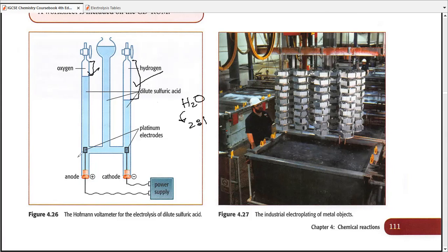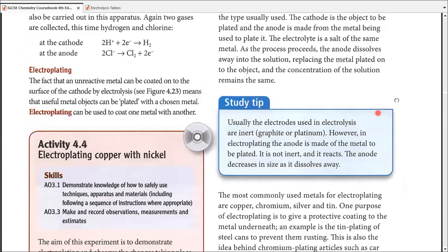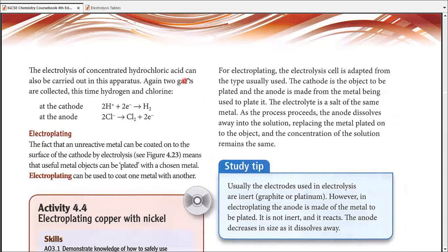That's why we have double the amount of hydrogen than we have oxygen. This has been a common question in past papers when we talked about Hofmann's voltameter, electrolyzing water to get hydrogen and oxygen. However, this is an expensive way of getting hydrogen and oxygen. This completes for us the electrolysis of solutions as well as the industries related to it.